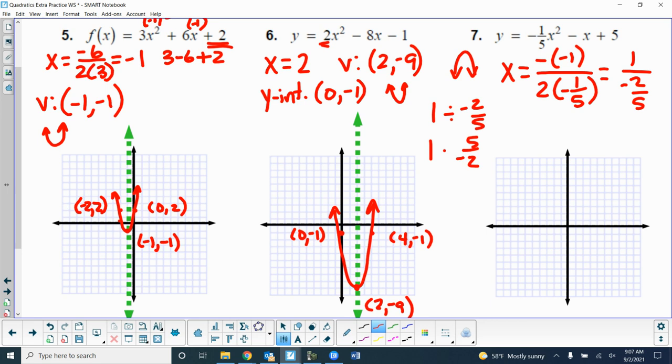Well, what's 1 times anything? That number, itself. So my axis of symmetry is -5/2, which is -2.5. Okay? So if you have to divide by a fraction, remember it's much easier to multiply by the reciprocal.